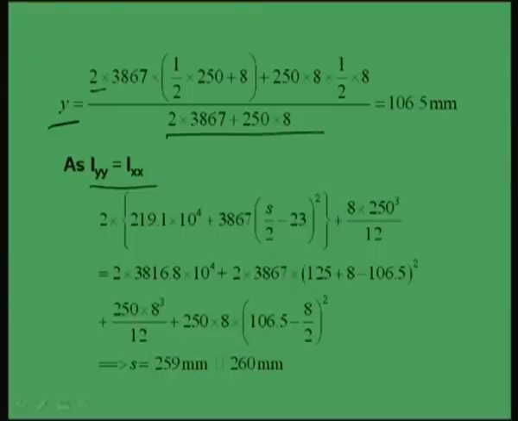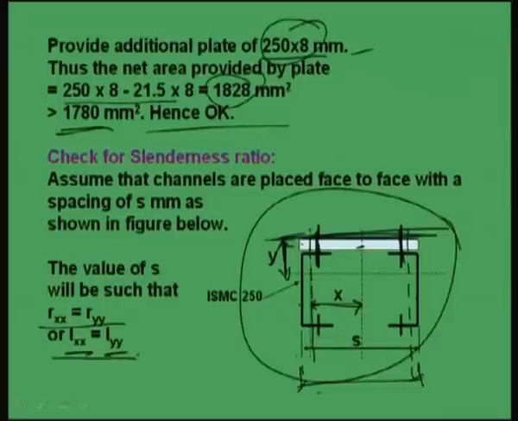This is the total area: 2 into 3867 plus 250 into 8, right, where 2 into 3867 is the channel area and 250 into 8 is the plate area. And this is the channel term, 2 into channel area into half of the distance: 250 by 2 plus 8, because this is 8 and this will be 250 by 2, the CG distance of the individual member.